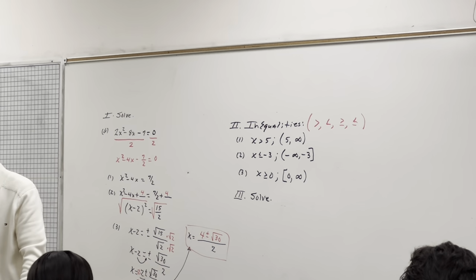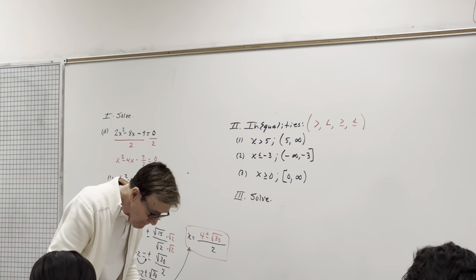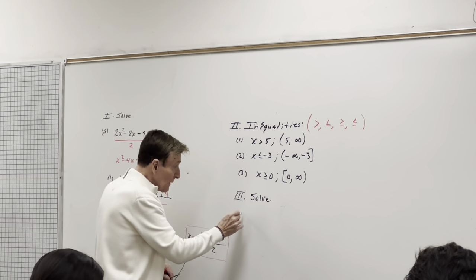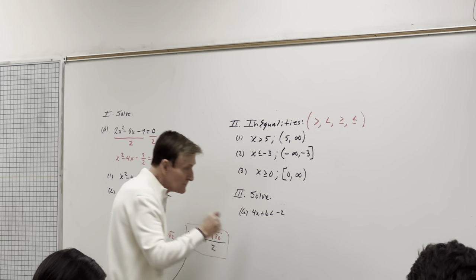Notice the first couple are a little strange. I would prefer to go back to them. I'm going to try something else first and come back to them. Guys, I'm going to try this for my first one, and in fact, it may not even be on the handout. I want to do this: 4x plus 6 is less than -2.